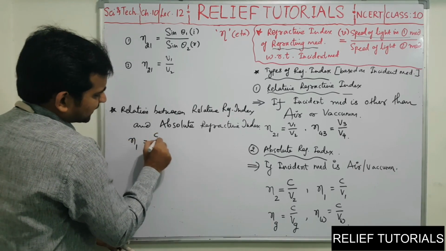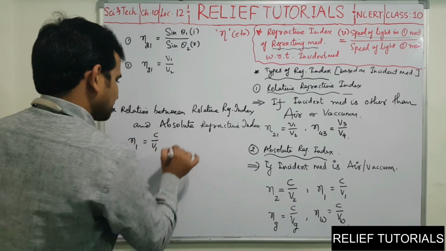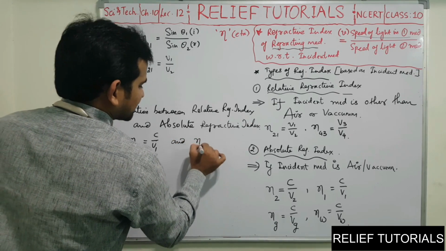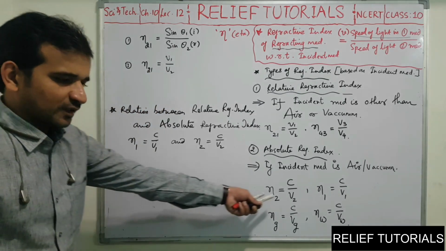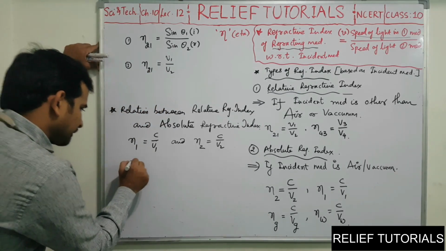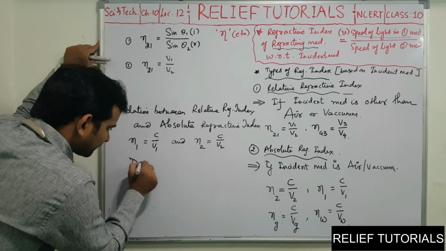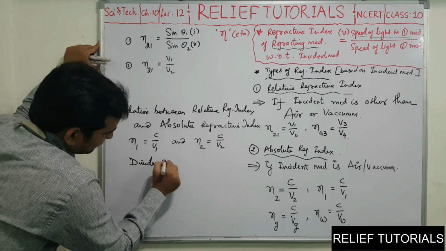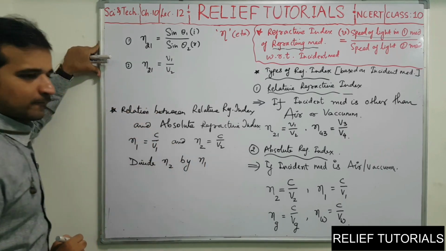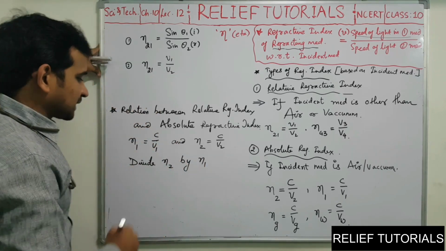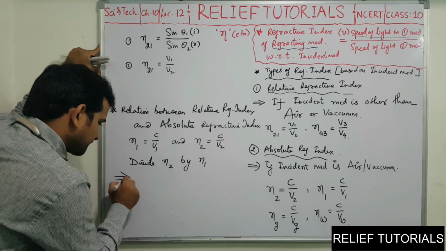Eta 1 is C by V1 and eta 2 is C by V2. Here it is. Now divide eta 2 by eta 1. So what would be the step?